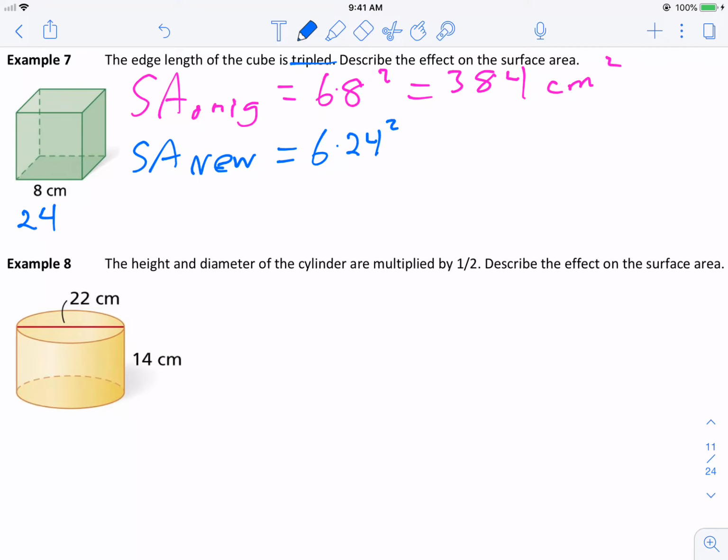So 24 squared is 576. We're multiplying that by 6 for the 6 faces on a cube. And we get a new surface area here of 3,456 square centimeters. Now, you can see a big difference here.